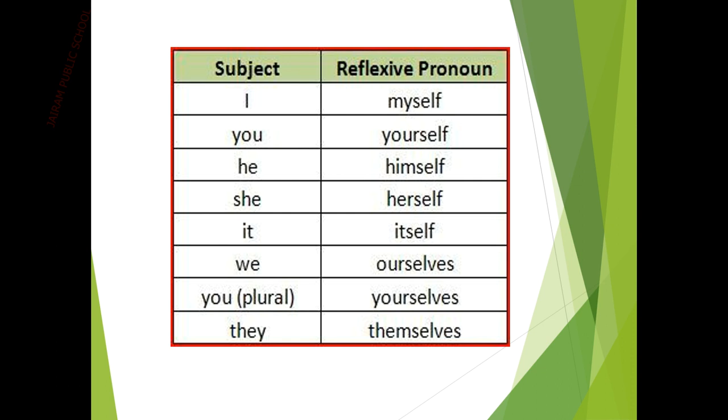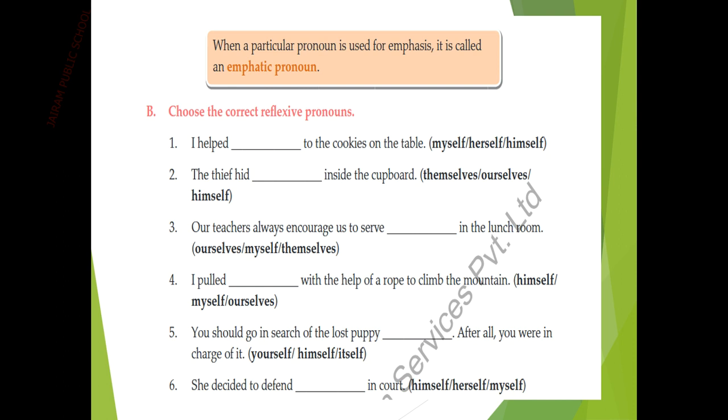You, yourself. He, himself. She, herself. It, itself. We, ourselves. You for plural, yourselves. They, themselves. When a particular pronoun is used for emphasis, it is called an emphatic pronoun, which is similar to reflexive pronouns.